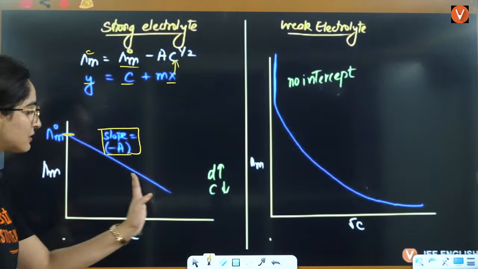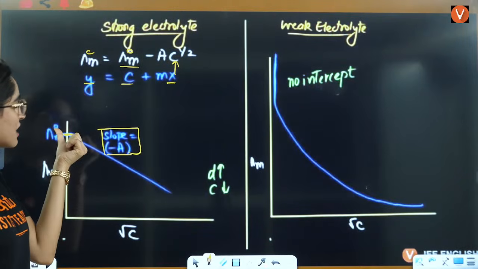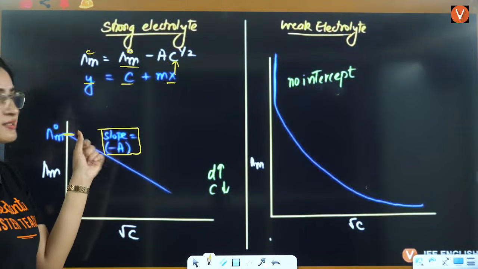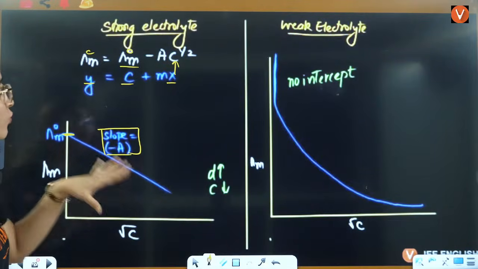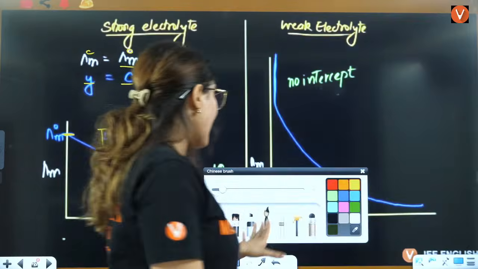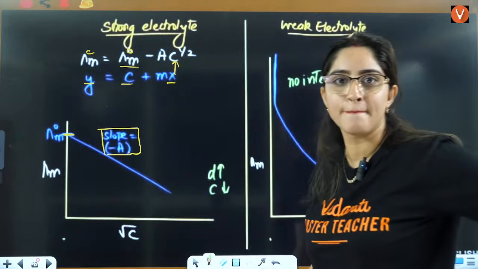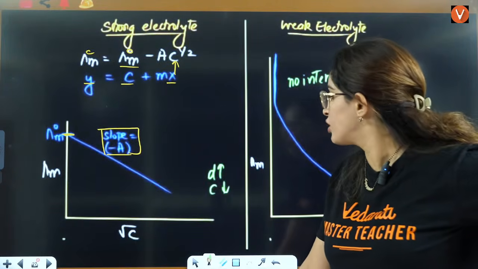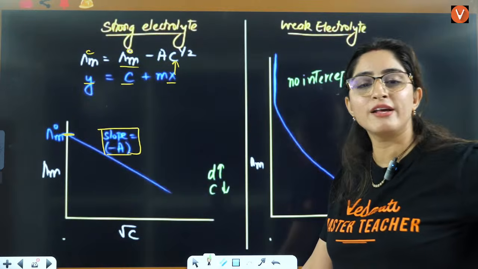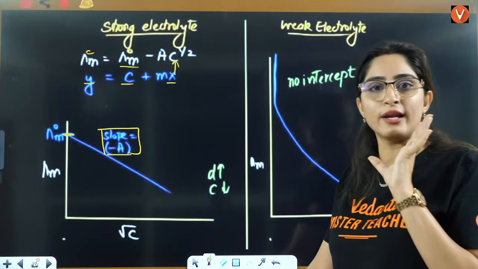That means it is a negative slope, so it is declining, and it strikes the y-axis at infinite dilution molar conductivity. So we can calculate the infinite dilution molar conductivity for a strong electrolyte.